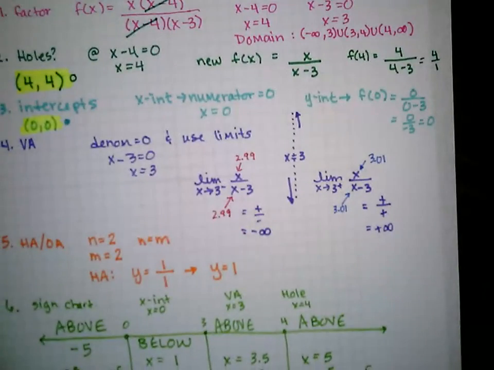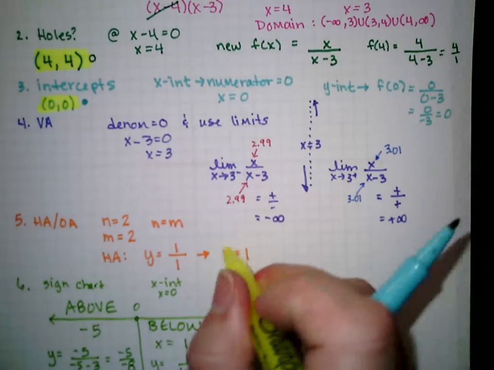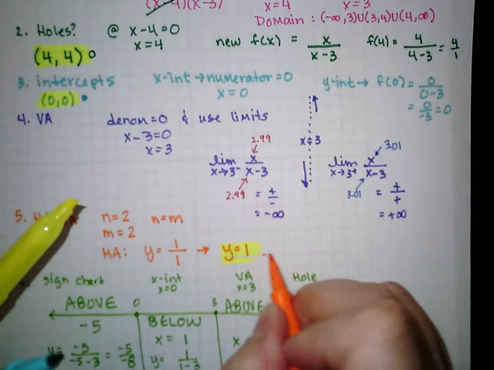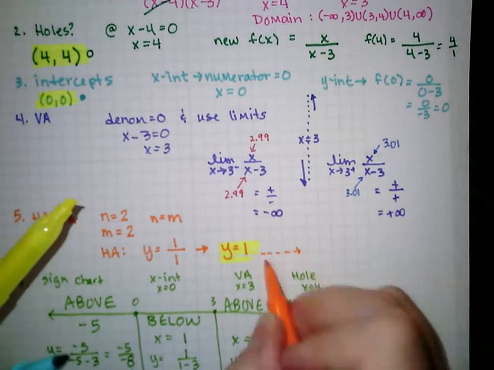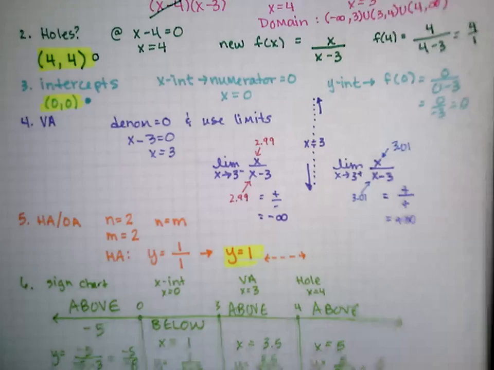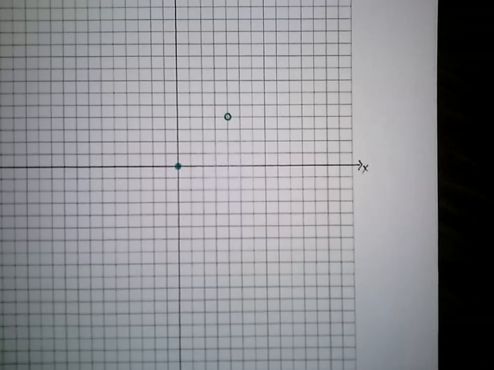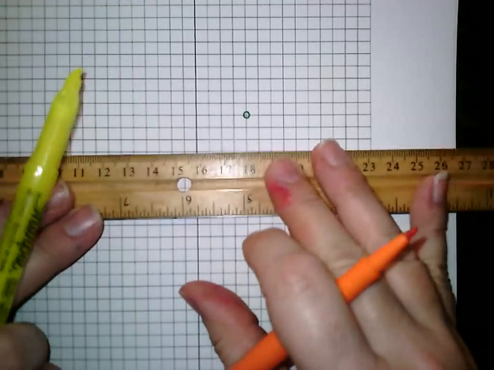Horizontal and oblique asymptotes and vertical asymptotes. So our horizontal asymptote goes on as a dashed line. At y equals 1, we will have a horizontal line that is dashed.